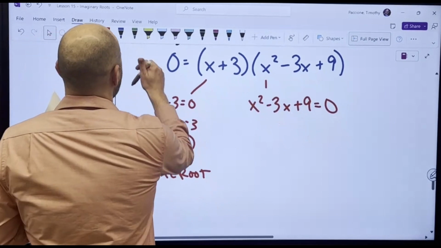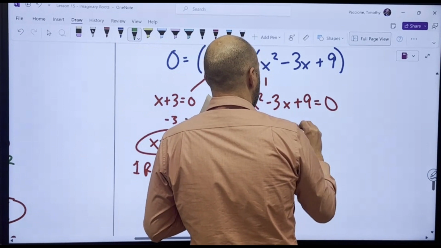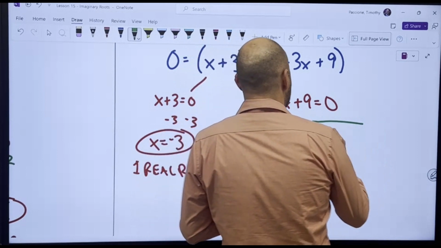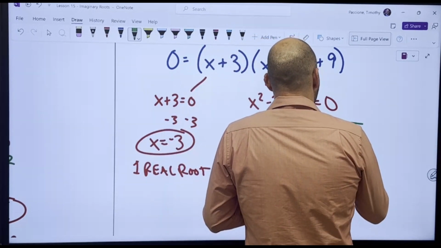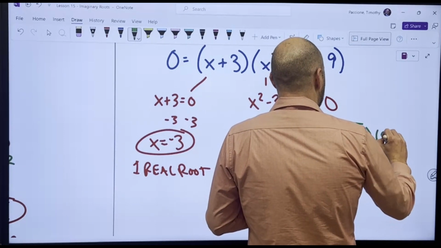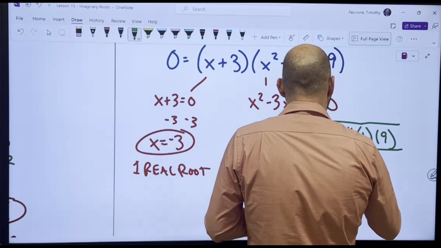So I'll do that. Say x equals -b, so that's 3, plus or minus the square root of b squared, so that's -3 squared, minus 4 times 1 times 9, all over 2 times 1.